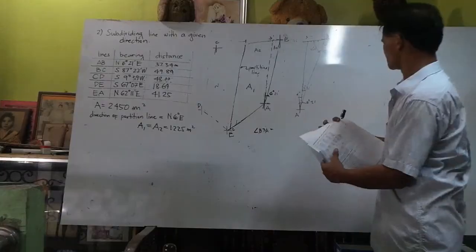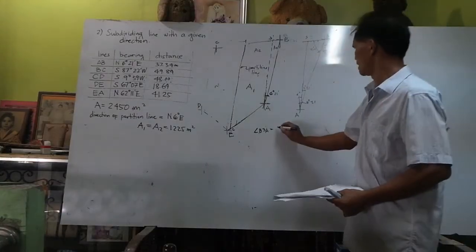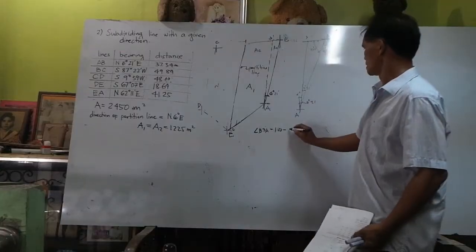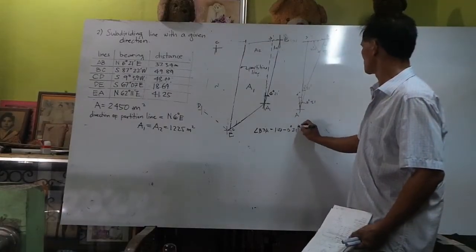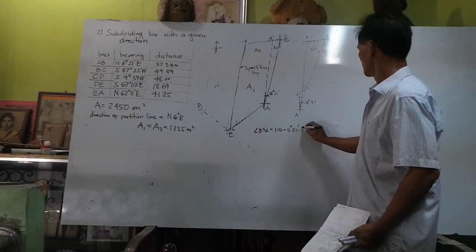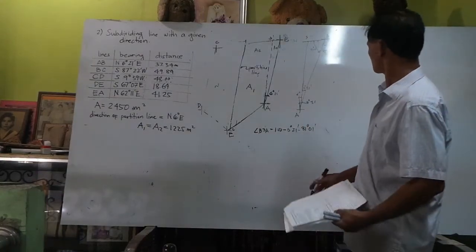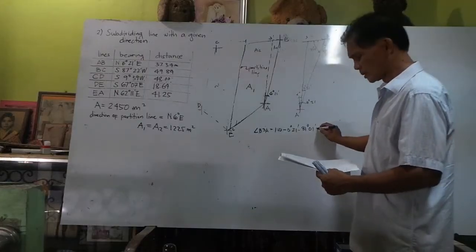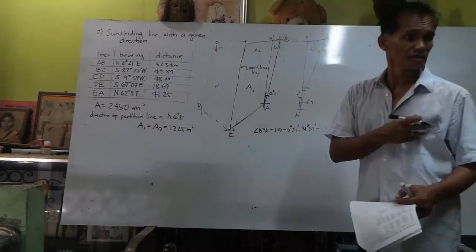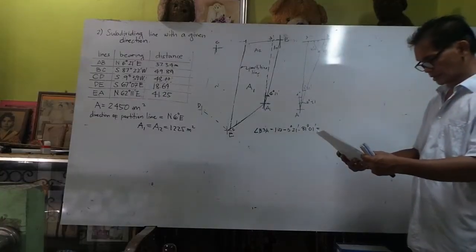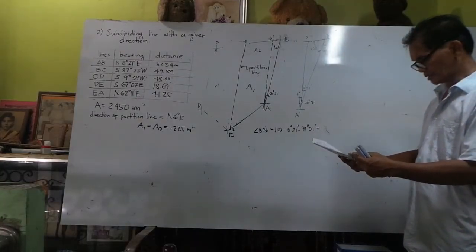So, it is equal to 180 minus 0 degrees and 21 minutes minus the 81 degrees and 01 minute. Then you will have an answer of 90 degrees.